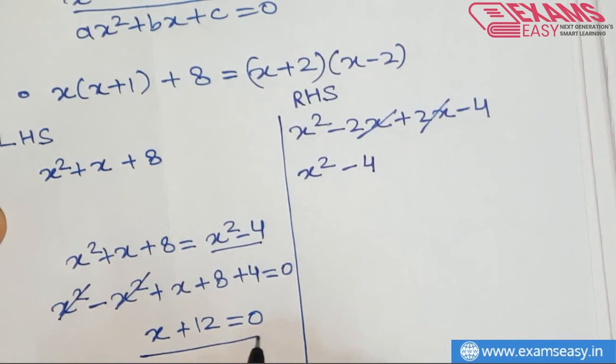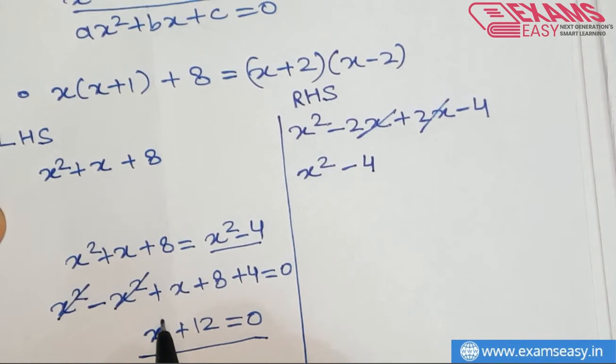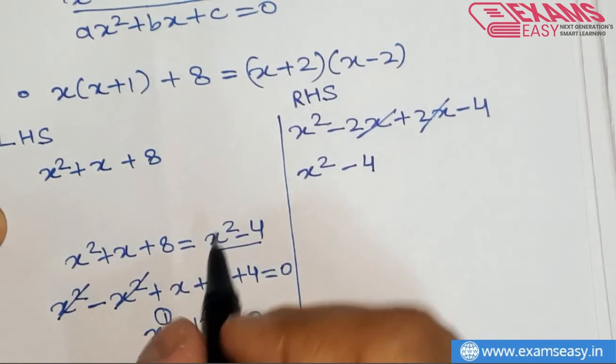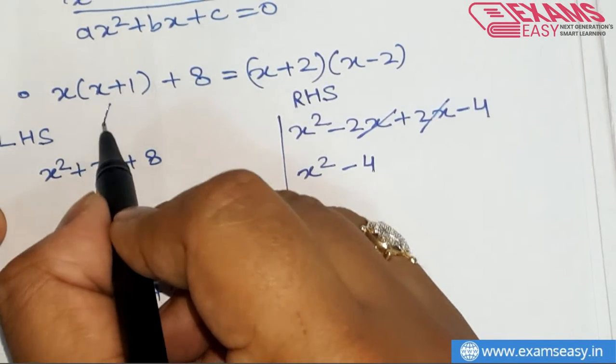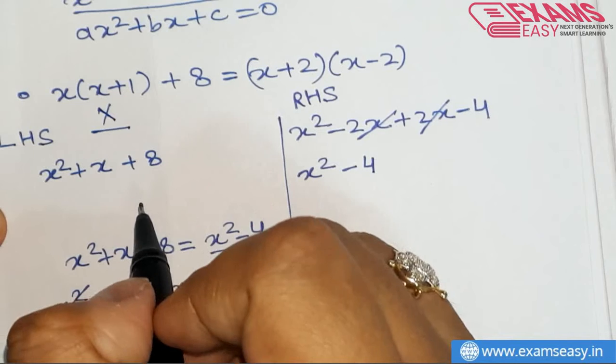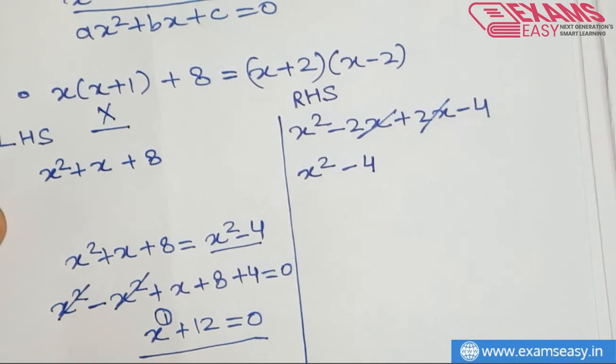Friends, here we can see that the maximum power of x is nothing but 1, and it has only one variable, so one condition is not satisfied, and we can say the given expression is not a quadratic equation. So this is how we identify whether the given polynomial is quadratic or not.